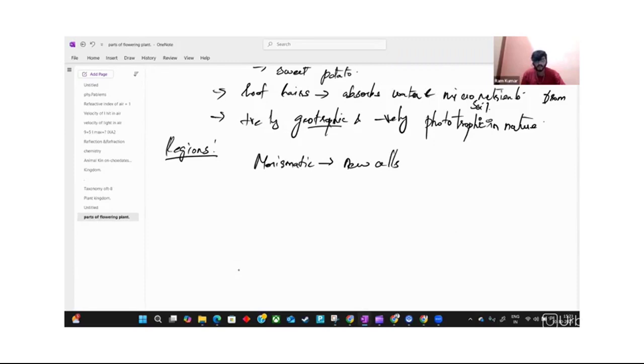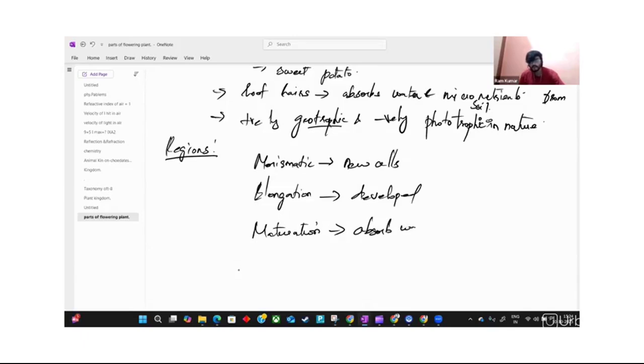Another is the elongation zone, where new cells are developed and roots get elongated. The third is the maturation zone, where the developed cells are able to absorb water and minerals.